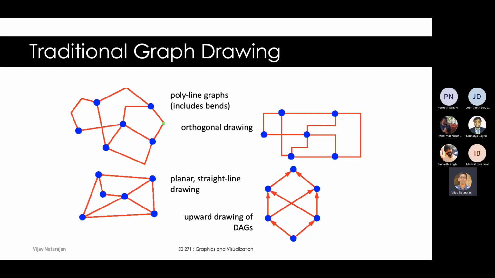So for example, if you have the flow graph in a program, there is a natural direction. So you want to show that in your drawing, right? These are simple characteristics or simple properties that you want to satisfy while coming up with a drawing.